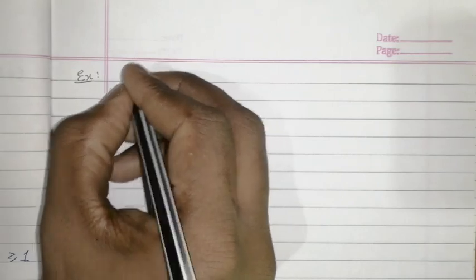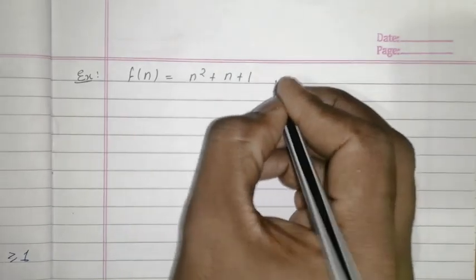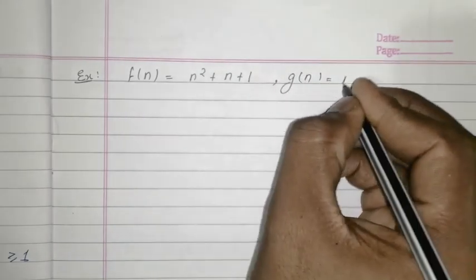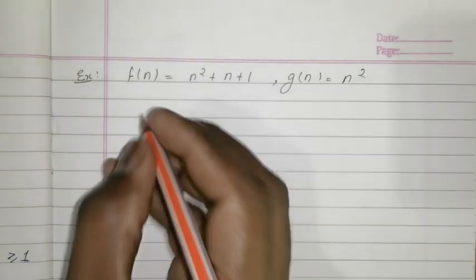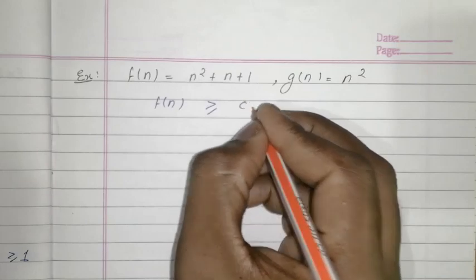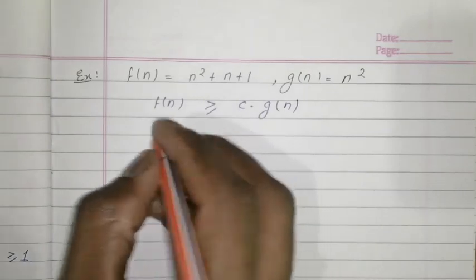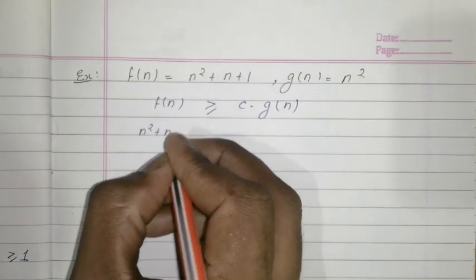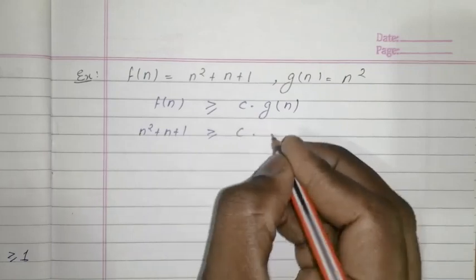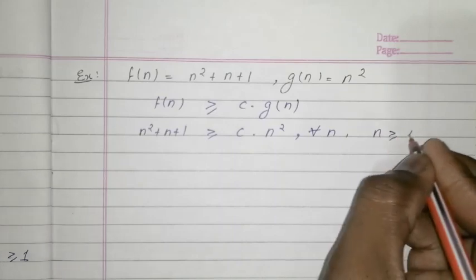Now see the next example. The example is given: f of n is equal to n square plus n plus 1, and g of n is n square. We can prove f of n is greater than or equal to c into g of n, the left side greater. So n square plus n plus 1 is greater than or equal to c into n square for every n, where n is greater than or equal to n naught.